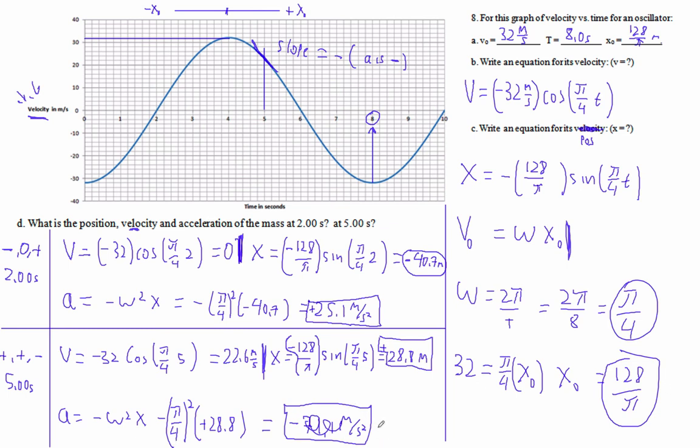Negative 17.8 meters per second squared. I just got a number 4 times too big, which is really pretty close in physics land. All right, so interpreting, by the way, figuring out the positives and negatives for this, that's tough. And that's what the next couple problems will be.